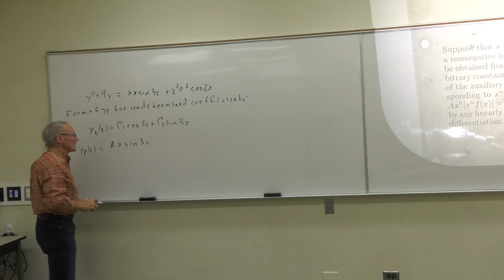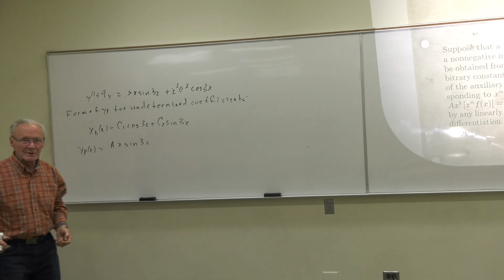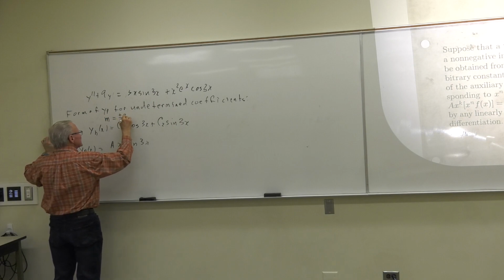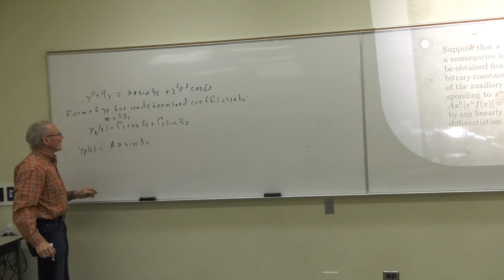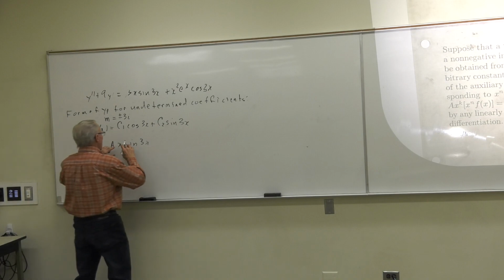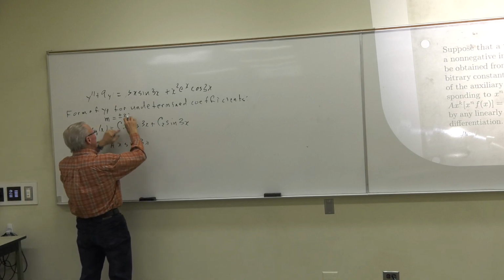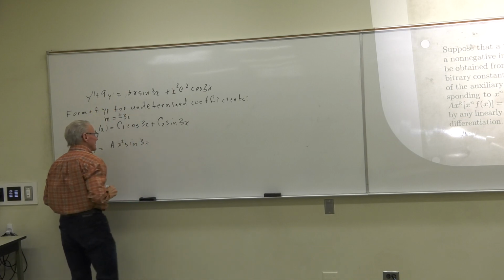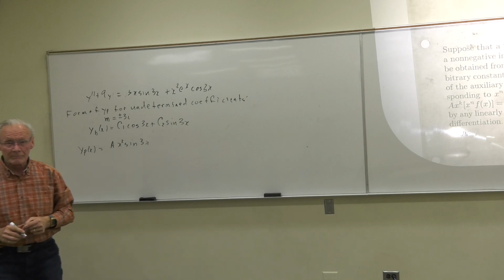This power next is going to have to get bumped. What was the m value? Plus or minus 3i, right? Since the multiplicity, how many x's we put here, is dictated by the multiplicity, and the multiplicity of each is 1, I'll put on 1 more x and make that an x squared.